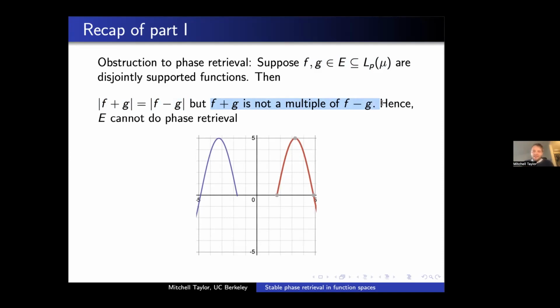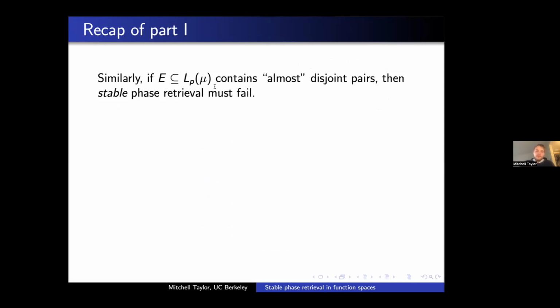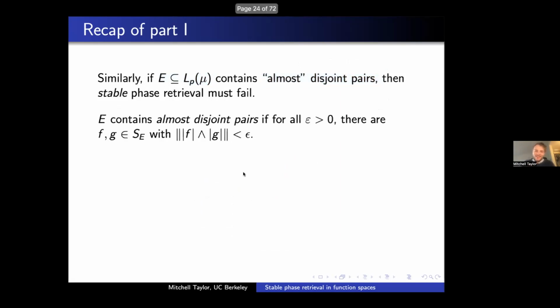Because if I have a little bit of overlap, this argument essentially goes through in the norm topology. Okay, so the statement here is that, well, if I take a subspace of LP and it does stable phase retrieval, then it certainly cannot contain almost disjoint pairs. And to be clear, what do I mean by almost disjoint pairs?